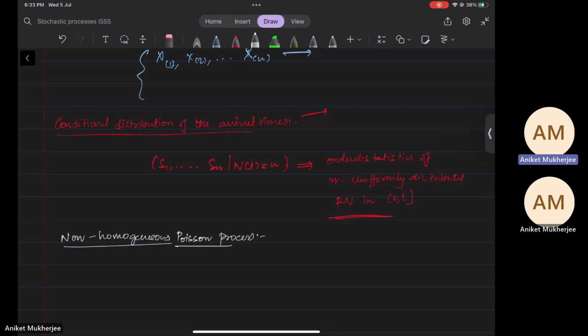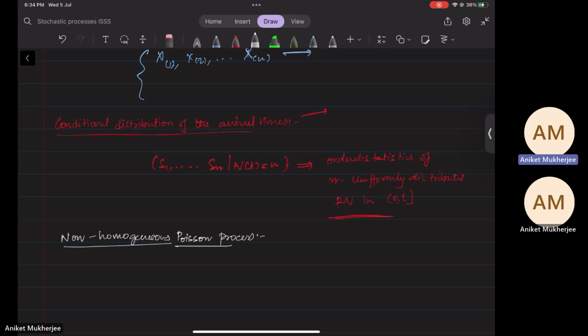In the homogeneous Poisson process, the expected rate at which events occur is the same throughout. It doesn't depend on the time. So it doesn't matter at what time you're watching the experiment or your setup, the expected number of events that happen in an interval will always be the same.